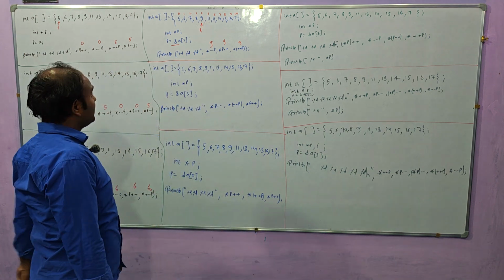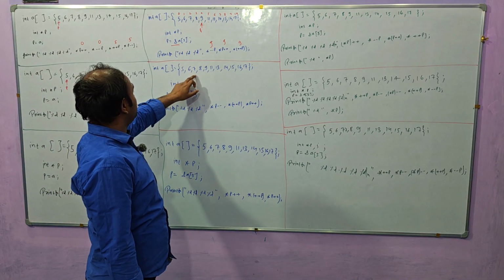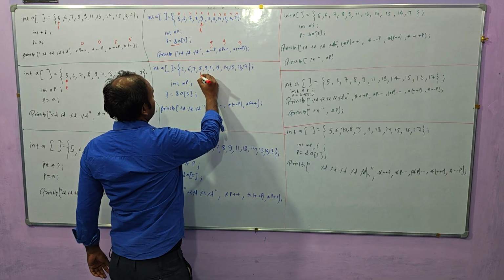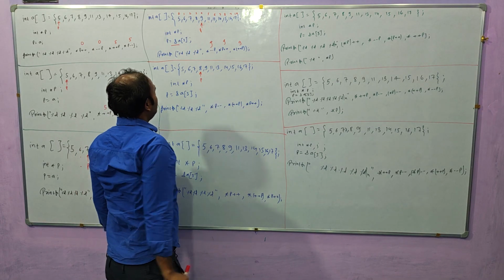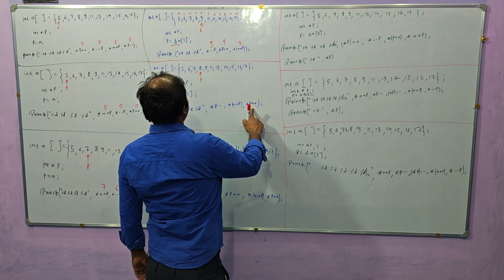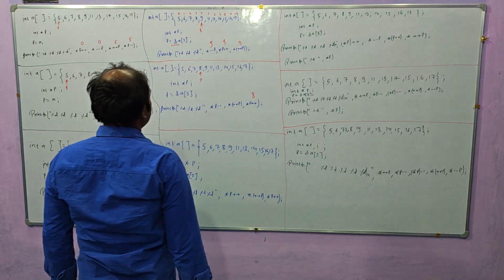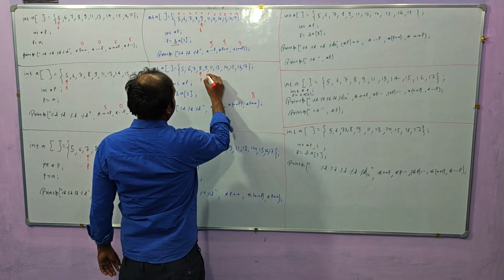In the same way, we have 0, 1, 2, 3. Firstly p is pointing here, and now *p++: firstly it gives value 8 and points to 9.